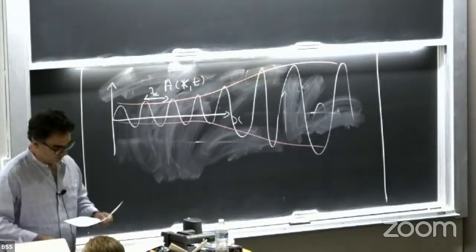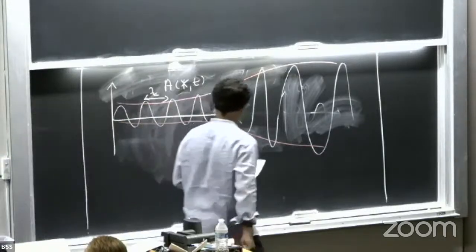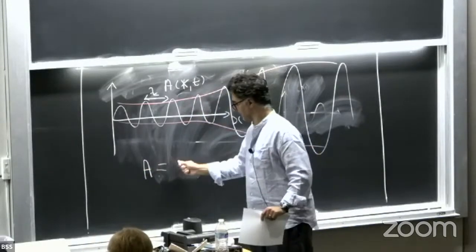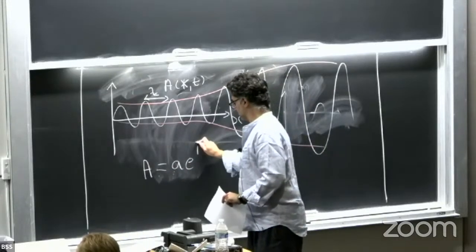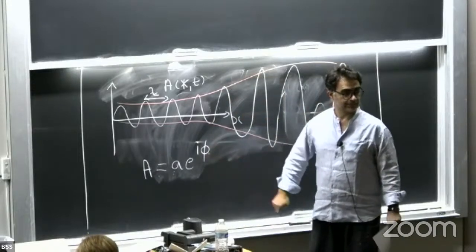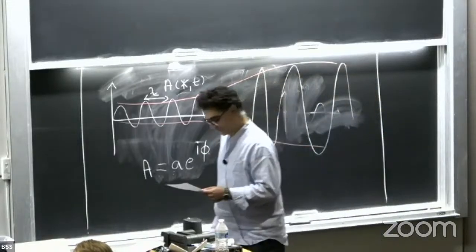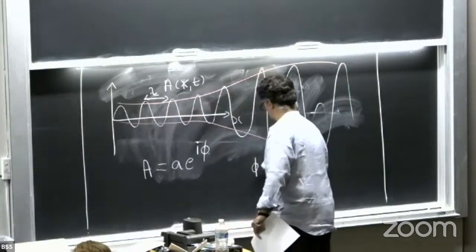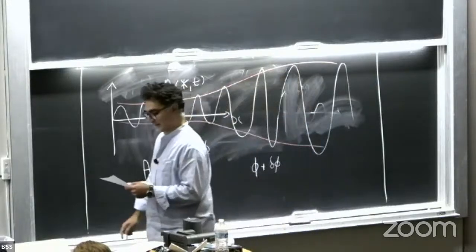Now, one thing I want to review for you or emphasize is, let's think of this amplitude as something that has both a real part and a phase, phi. And now the question I want to ask you is, what is the effect of adding a delta phi?